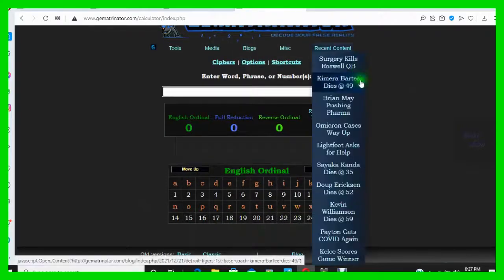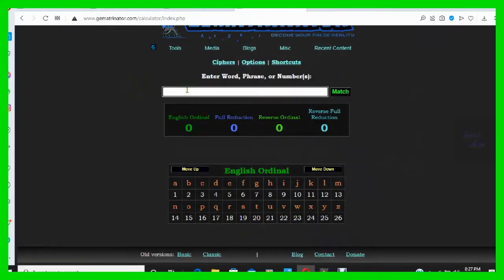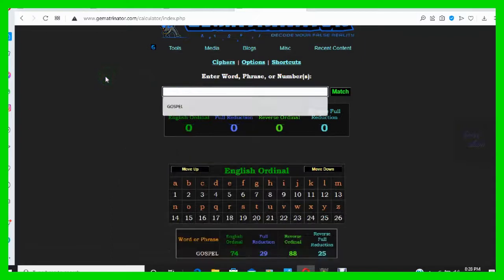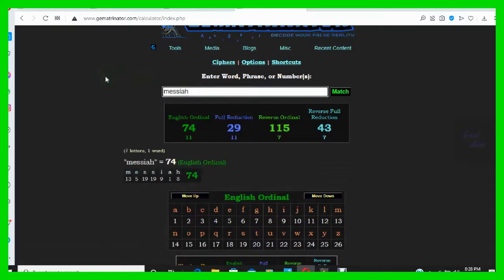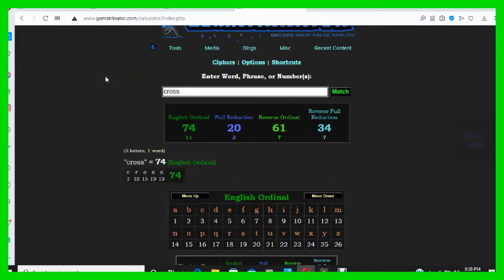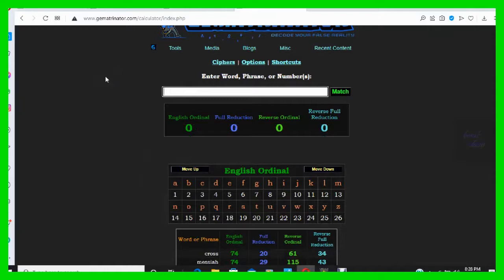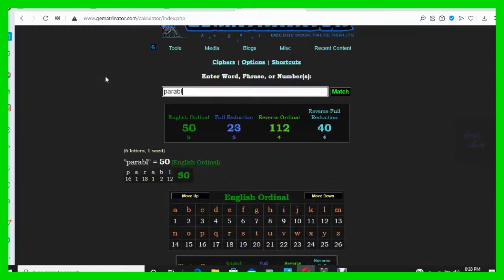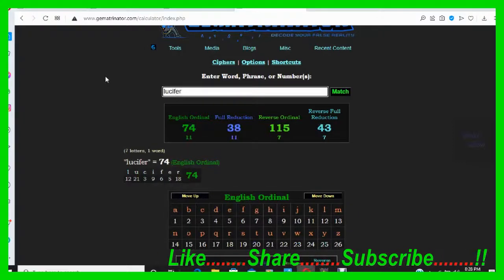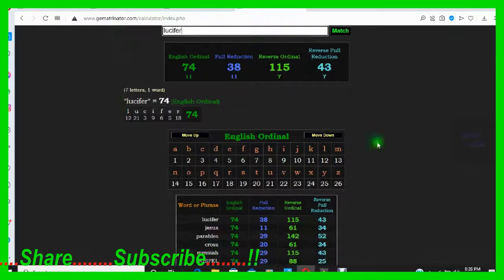Now, to show you for sure how this works, let's use the Bible, okay? Let's use some things that we all know about, that we know all go together, like the gospel goes with being the Messiah, which also goes with being the one who was on the cross, who spoke in parables, that we call Jesus, whom we could be tricked and deceived by Lucifer.